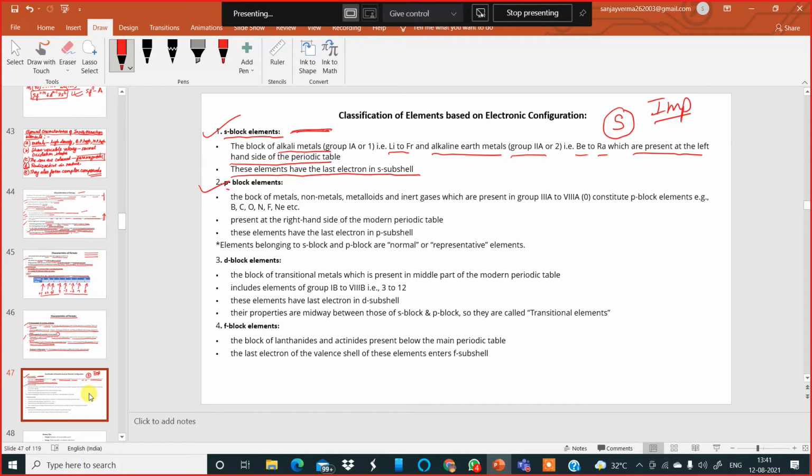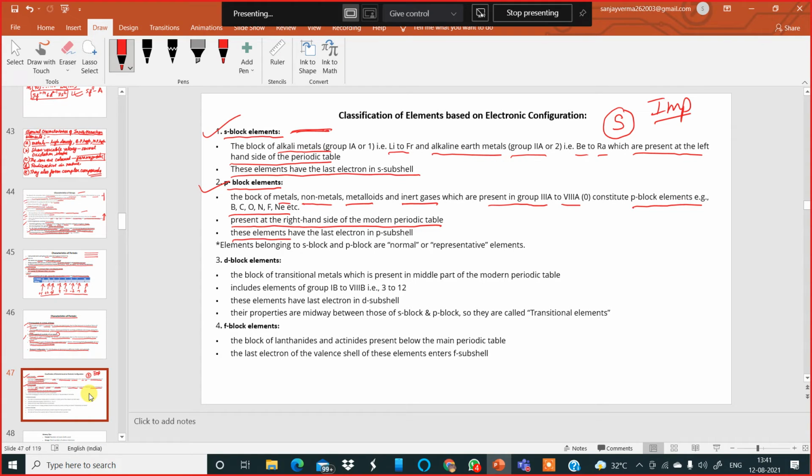Next is P block elements. The P block contains metals, non-metals, metalloids, as well as inert gases. So many representative or normal elements which are present in group 3A, 13 to 18, are called P block elements. These elements are present at the right hand side of the modern periodic table.